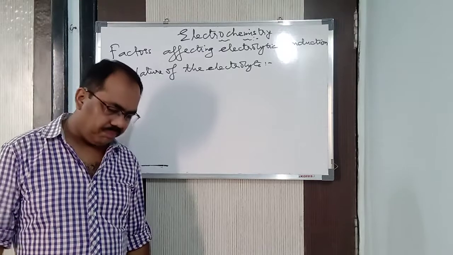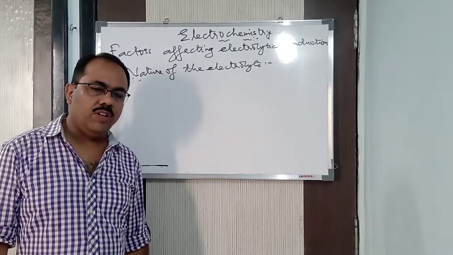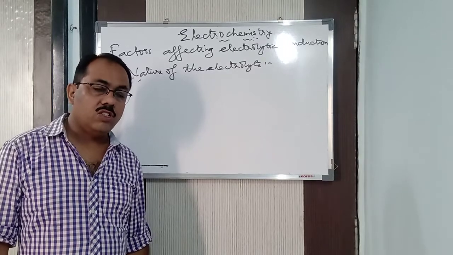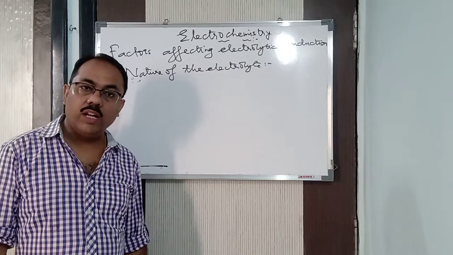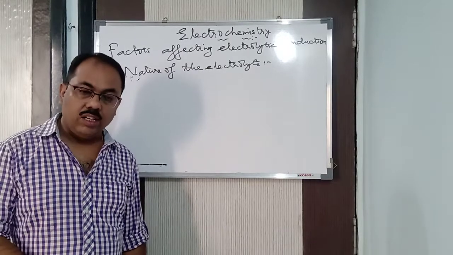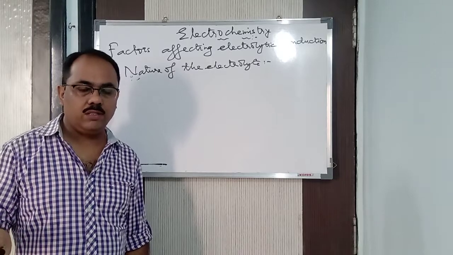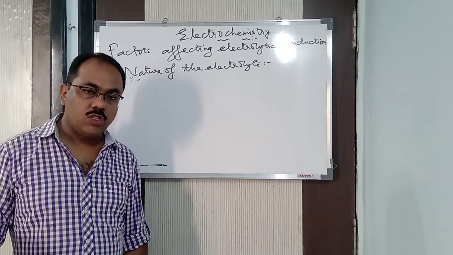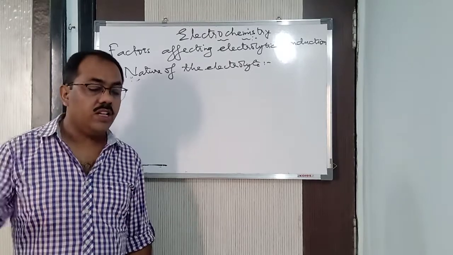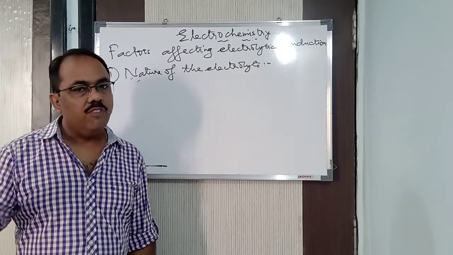So what we learned is that if the force of interaction between solute and solute is strong, and on dissolving in water it dissociates into its ions, then it behaves as a strong electrolyte. But if the force between solute and solute is strong and it does not dissociate into its ions when dissolved in water, then it is known as a weak electrolyte.